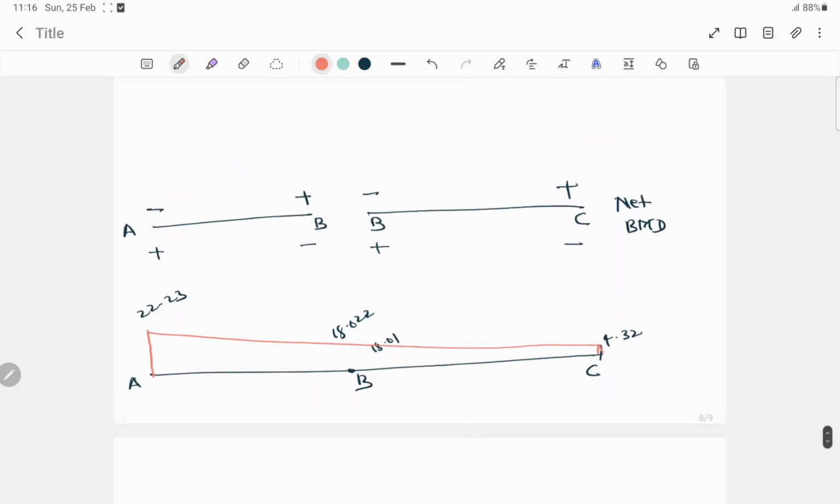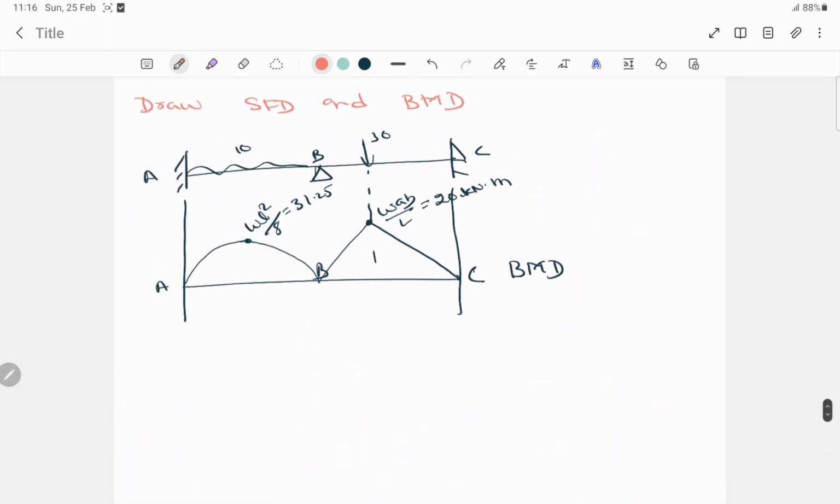So now we have to draw this diagram here. The net bending moment diagram will be something like this. Here the value of 0.32, here somewhere B, here 18.022, 18.01, and here 22.23.